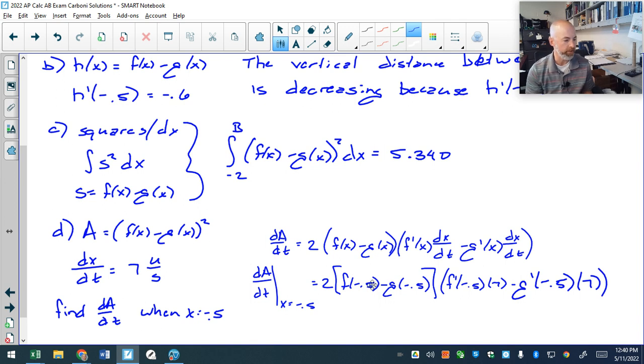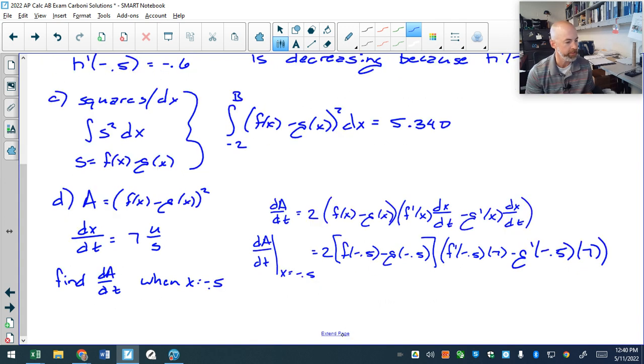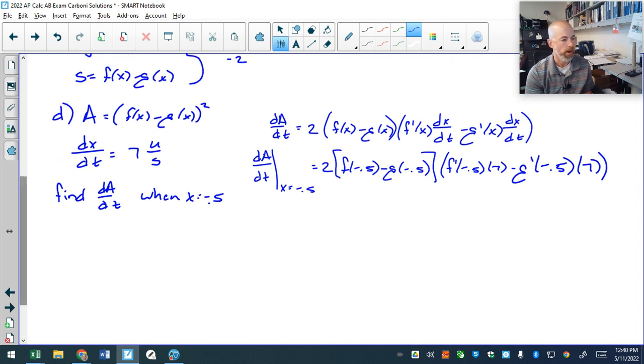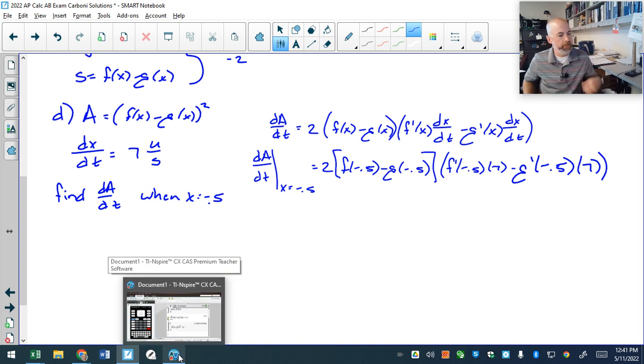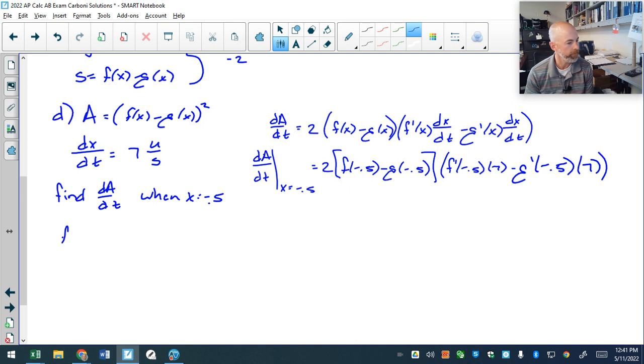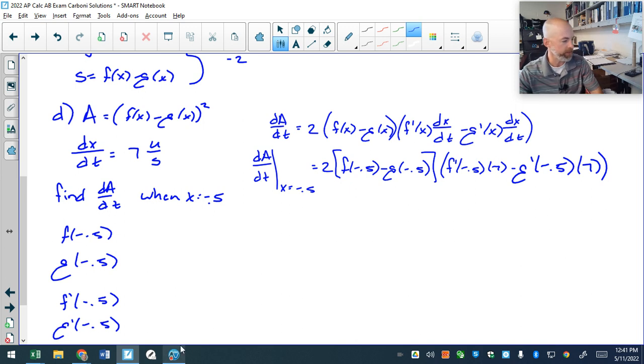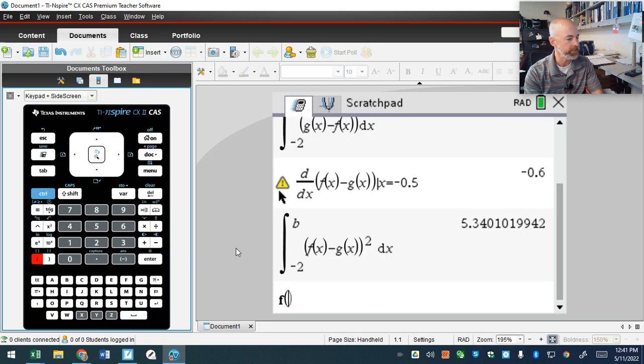And then I need to evaluate those pieces of information. I could do this in one big step in my calculator, but that's dangerous. So I'm going to write f of -0.5, g of -0.5, f prime of -0.5, and g prime of -0.5, and punch those in my calculator. f and g will be easy.